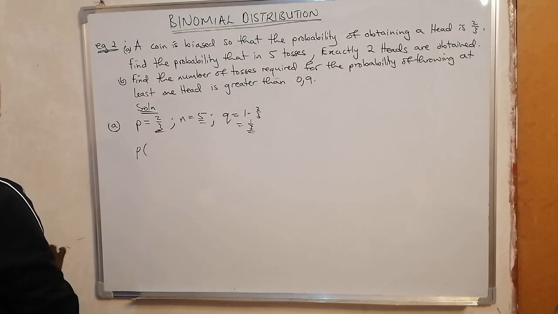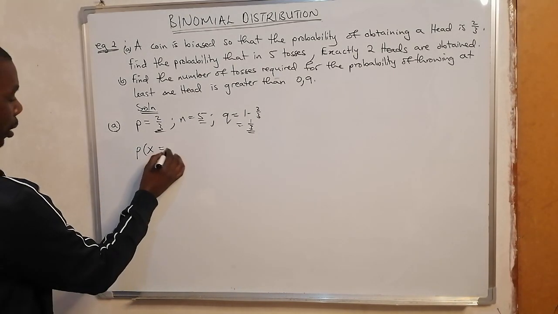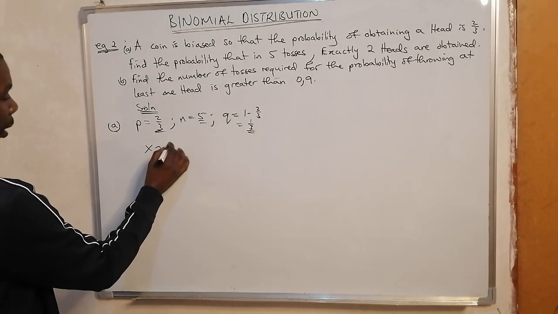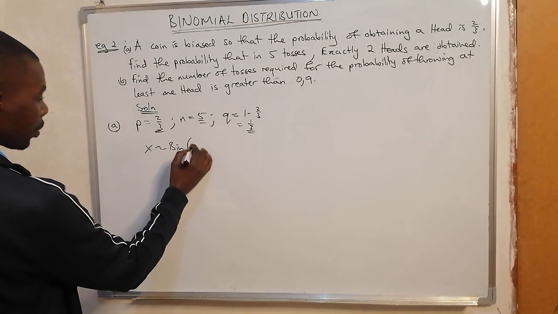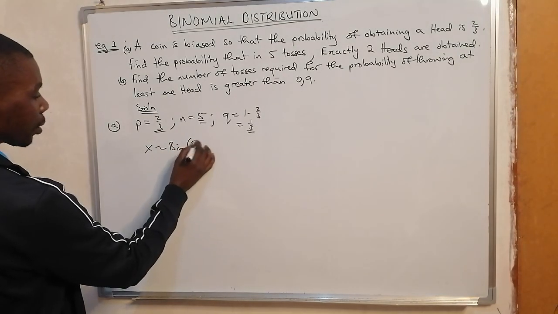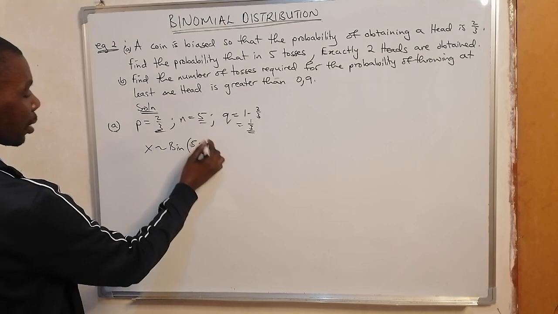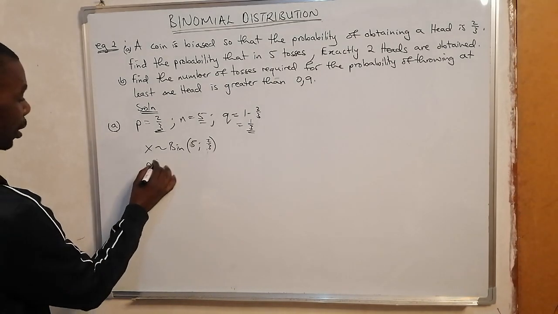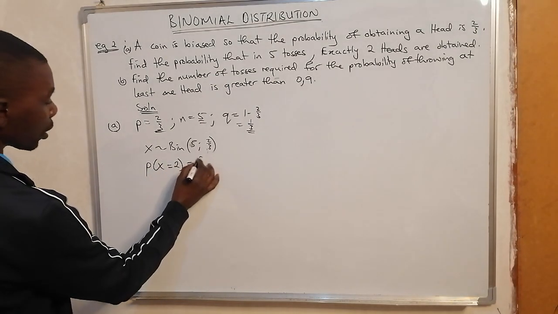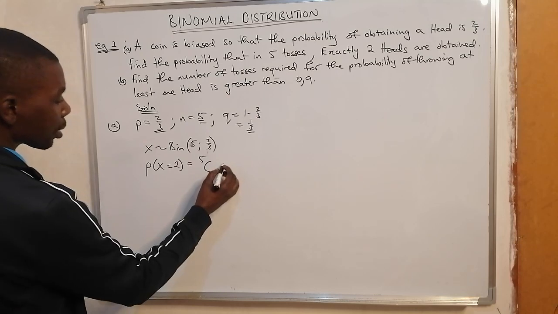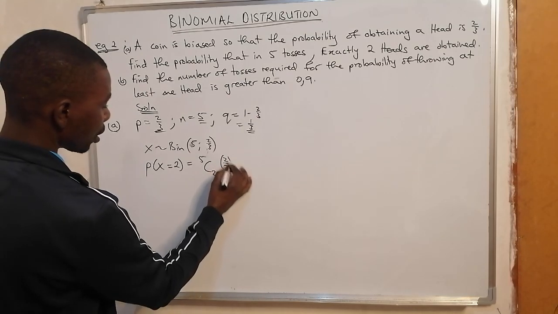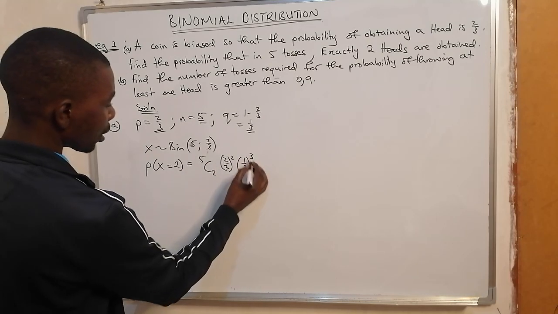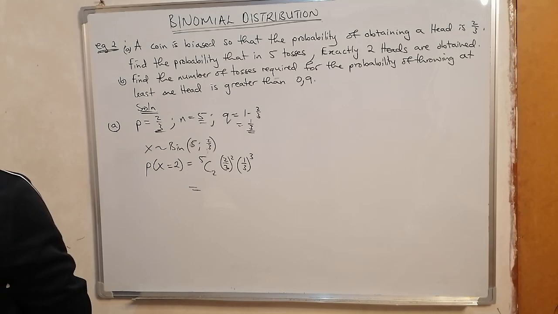P of x equals 2, x equals 2. But remember, we have to write the distribution first. X follows binomial distribution with n, p. Our n is 5, our p is 2 over 3. That's the distribution, right? So for P of x equals 2, we have 5 choose 2 times our probability of success 2 over 3 to the power 2, probability of failure 1 over 3 to the power 5 minus 2, which is 3.